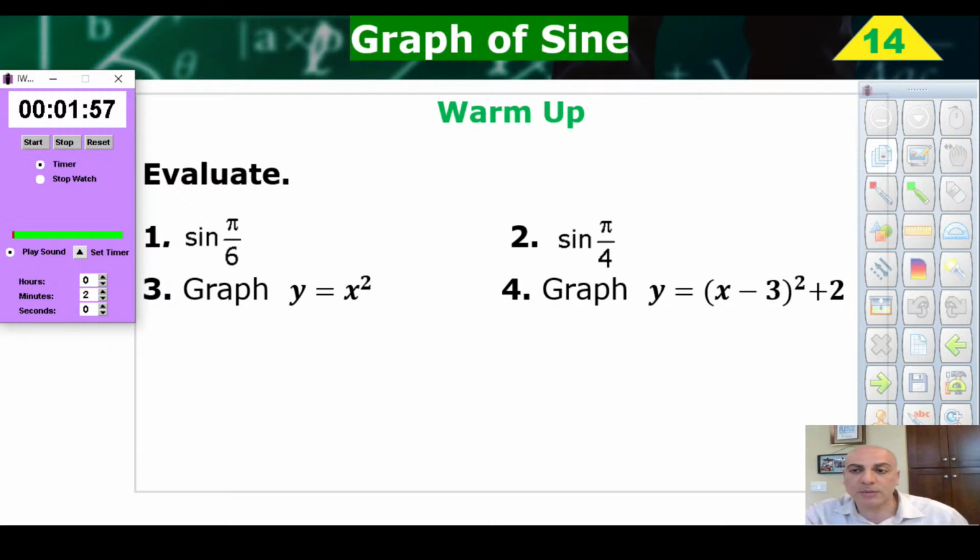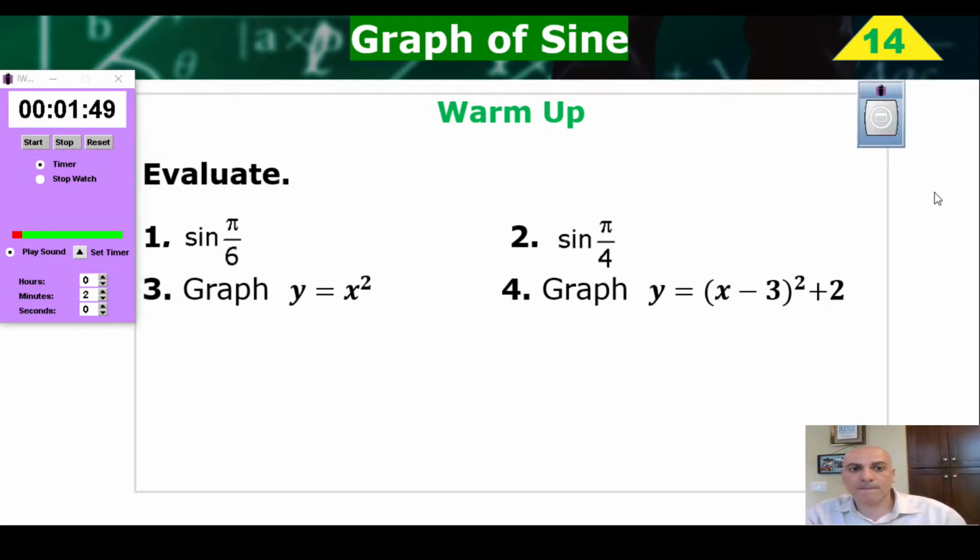I'm not going to wait for 2 minutes, but just pause and then go with that, okay? But it's important to do the warm-up. It just gets your mind in the game.